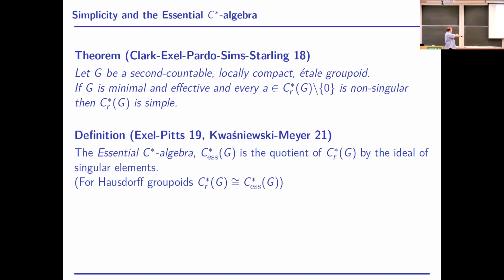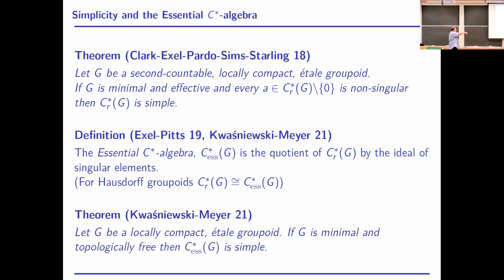So in that case, the reduced C-star algebra coincides with the essential C-star algebra. There are some non-Hausdorff examples where these two coincide when there are no singular functions.